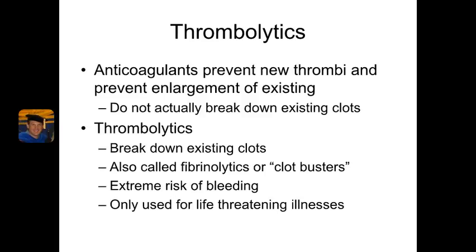Repeat after me, within 2 hours. The earlier the better. The reason for that is there's fewer cross bridges before 2 hours, so it's easier to cut the fibrin. Now, using thrombolytics puts the patient at extreme risk of bleeding, so you have to weigh the benefits of destroying this clot now versus the risk factor of bleeding to death.